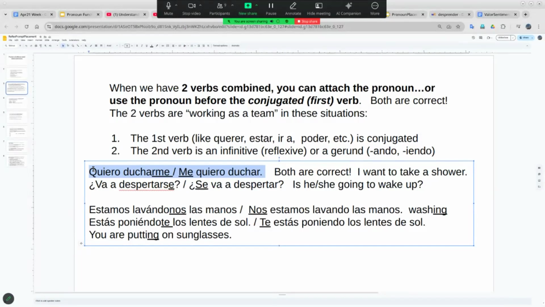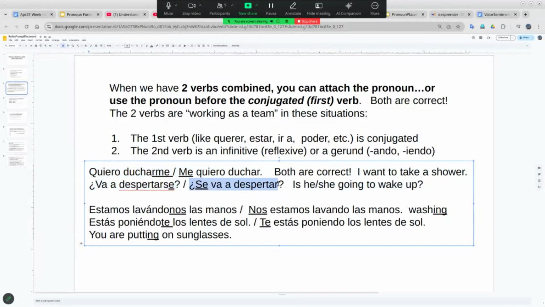Me can go in two different positions, and they're both correct. And one way is not more common than the other. People will say it however they feel like in the moment. So they're both correct. Okay? Or, va a despertarse. Are you going to wake up?